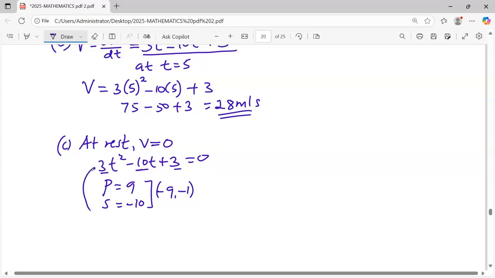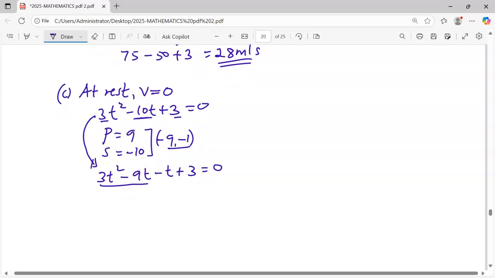Once we have done that, we write this equation, that is 3t squared, then the middle term is replaced by the numbers, that is minus 9t, minus 1 is the same as minus t, plus 3, and this is going to be equal to 0. Then we factorize this in pairs.